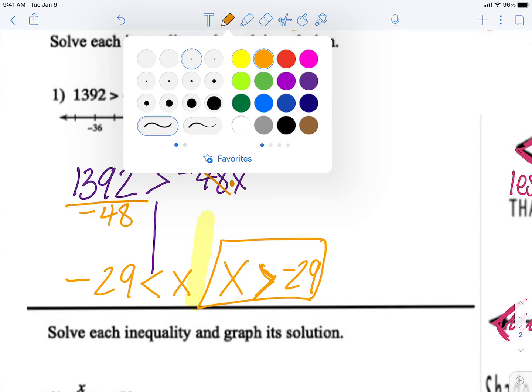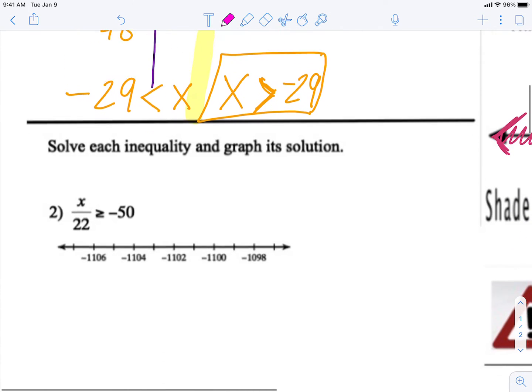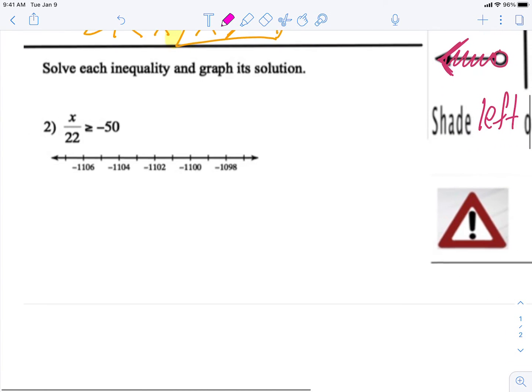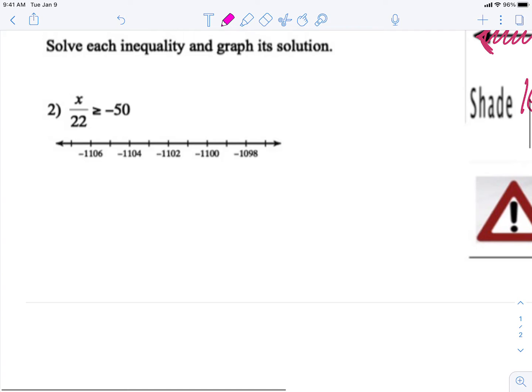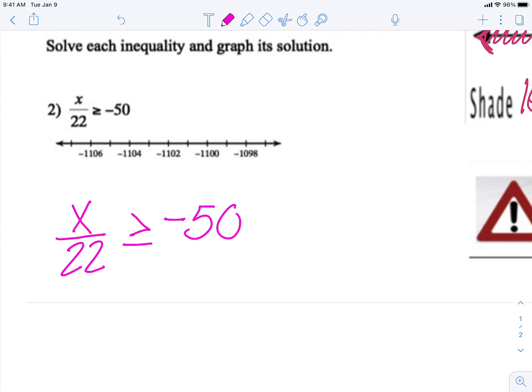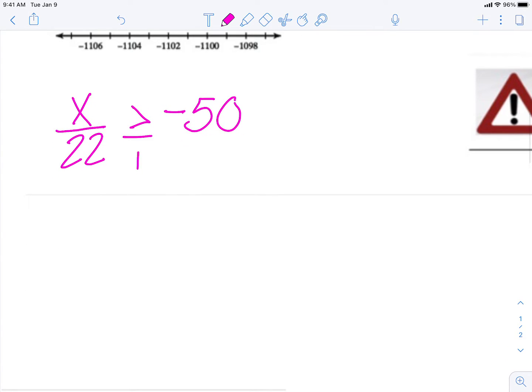All right, let's try our second example. It says solve each inequality. Let me copy it over here so I have space. -50. I'm going to draw my line of separation. I'm not going to draw my arrow yet because I'm not sure whether I have to flip it or not. Here I'm dividing by 22.